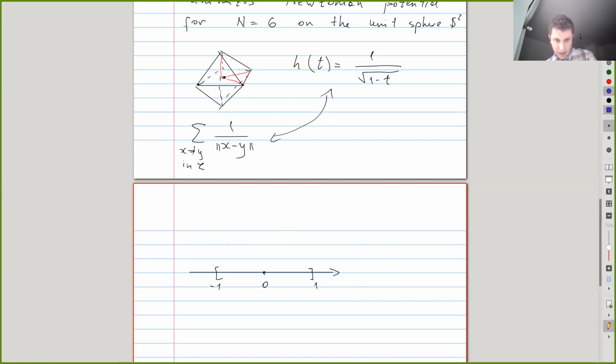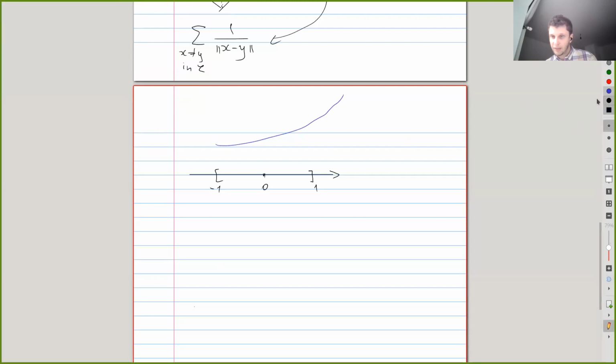What are the conditions for our interpolant? Let's write them down. Let's call the interpolant H2, because as you can recognize easily, it's going to be a degree 2 polynomial. We have 3 conditions for it.